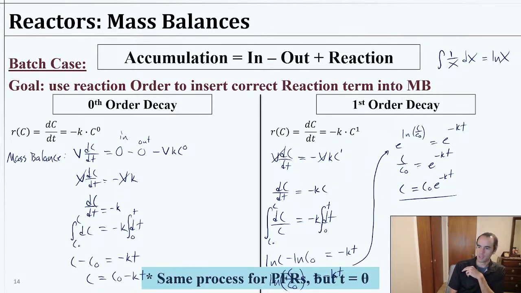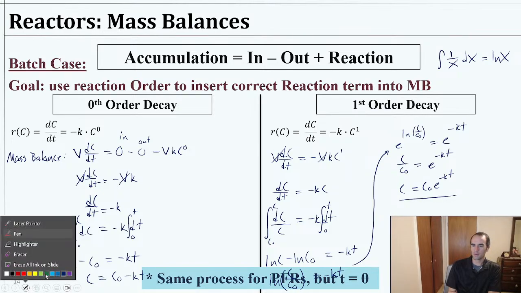So I have a note down here that my notes are a little bit in the way, but essentially if you did the same thing for a plug flow reactor, everything would be the same, except instead of solving for a T here, you could solve it for theta, right?